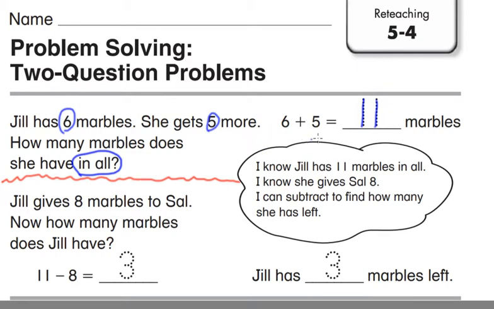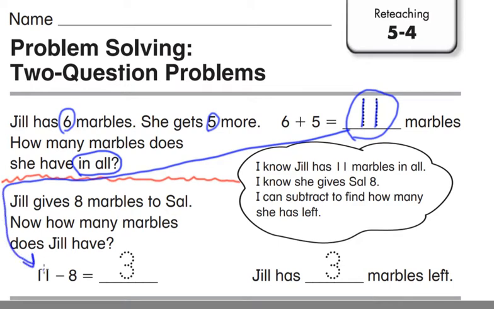All right, cool. So now that we've solved the first part, this is our next step that we're going to do every time for these problems. We're just going to take this number that we found, and it's going to go right into the very first part of the next problem.